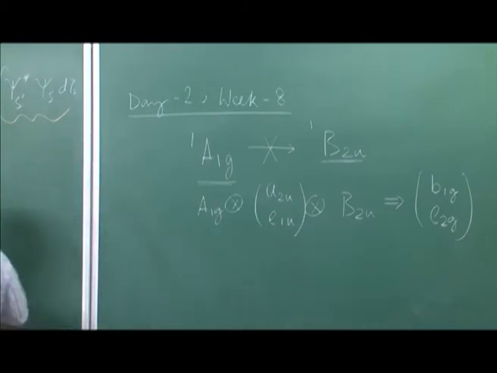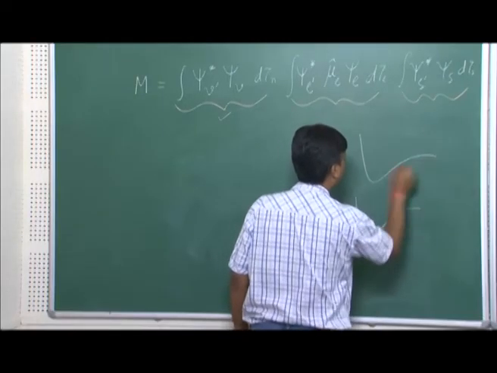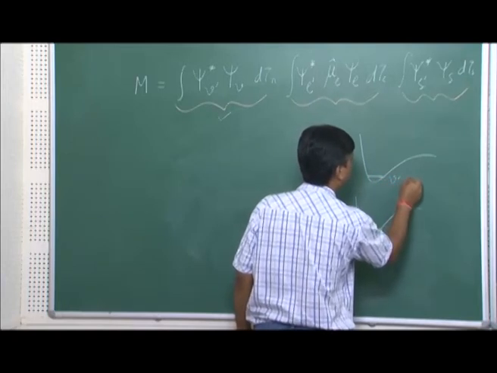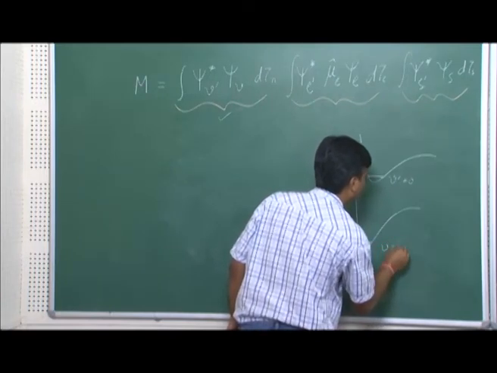So the situation was something like, this is V prime equals 0, and here it was V equals 0.